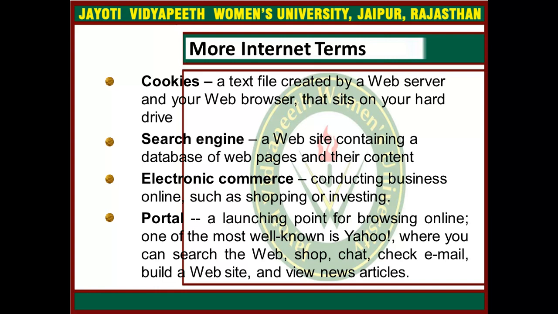If you accept, it means that server can access your data. Cookies are just a text file created by a web browser that resides on your hard drive. A search engine is a website containing a database of web pages and their content.